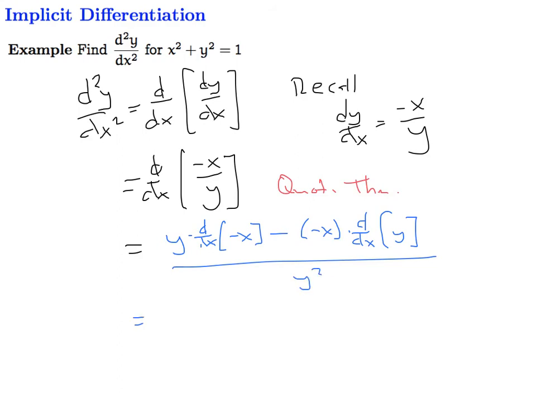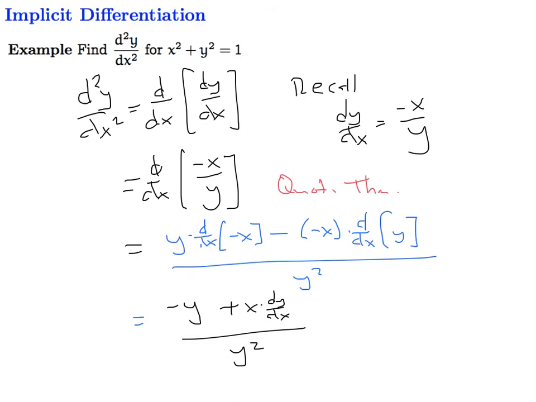So simplifying, we end up with negative y plus x times dy over dx all over y squared. And you may think, hey, I've done it. This is good. We're good to go.